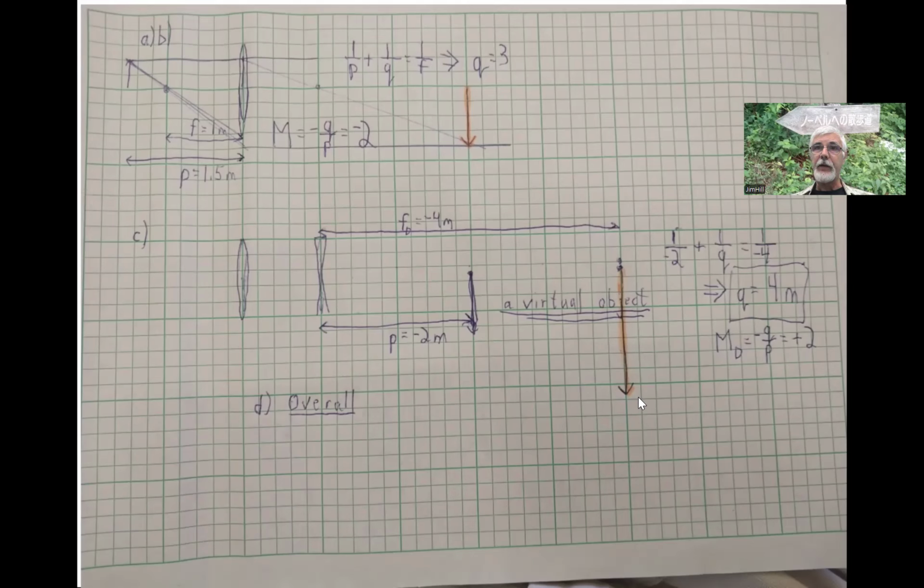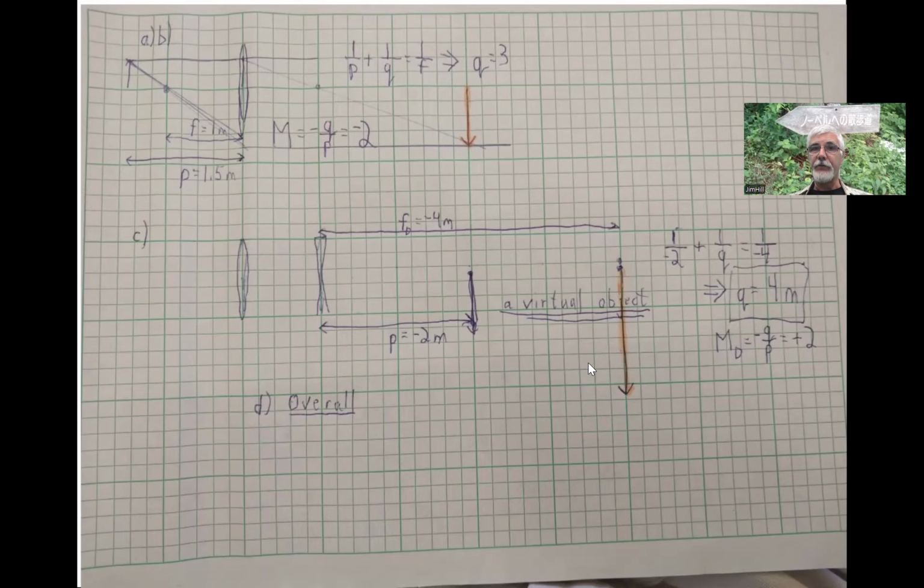This gives me confidence that my calculation, my assertion that the object was virtual, indeed makes sense. And I do have light rays coming through at that point. So overall, my magnification: I got magnified by the converging lens twice in size and inverted because of the minus sign.